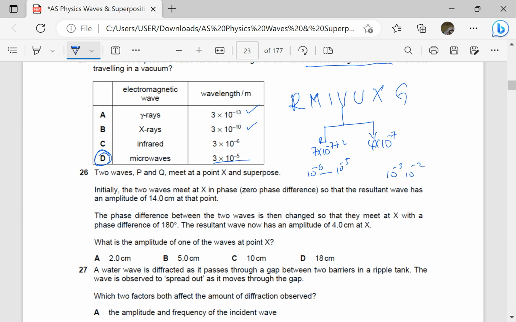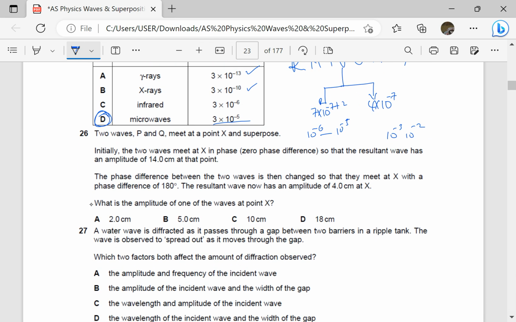Two waves P and Q meet at a point X and superpose. Initially, the two waves meet at X in phase, zero phase difference, so that the resultant wave has an amplitude of 14 centimeters at that point. The phase difference between the two waves is then changed so that they meet at X with a phase difference of 180 degrees.